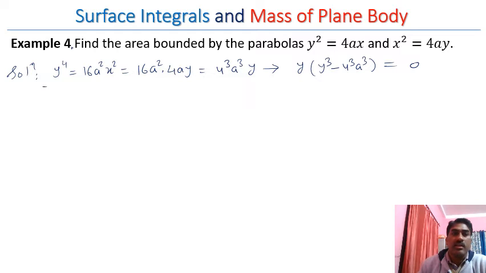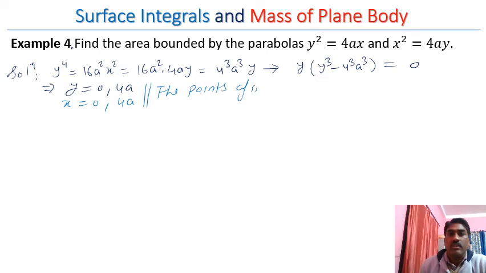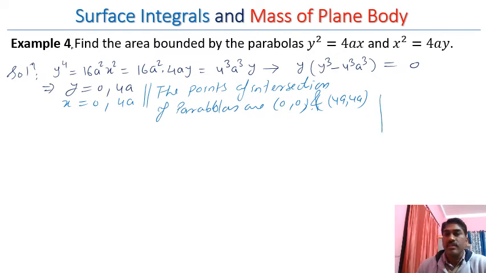So this will give you y is equal to 0 comma 4a, and you can notice that when y is equal to 0, x is also 0. When y is equal to 4a, x is also 4a. So the points of intersection of parabolas are (0, 0) and (4a, 4a).